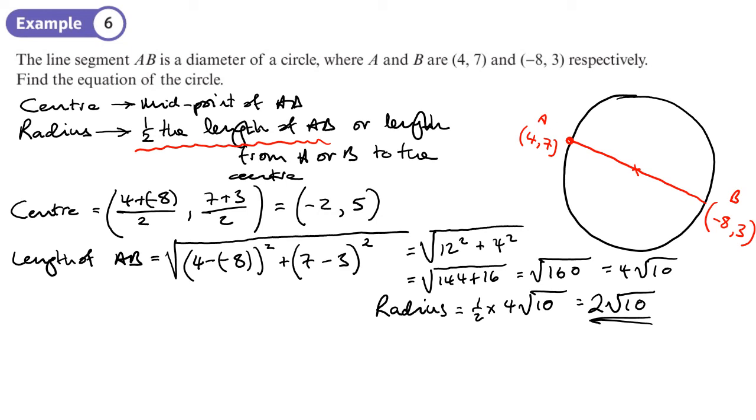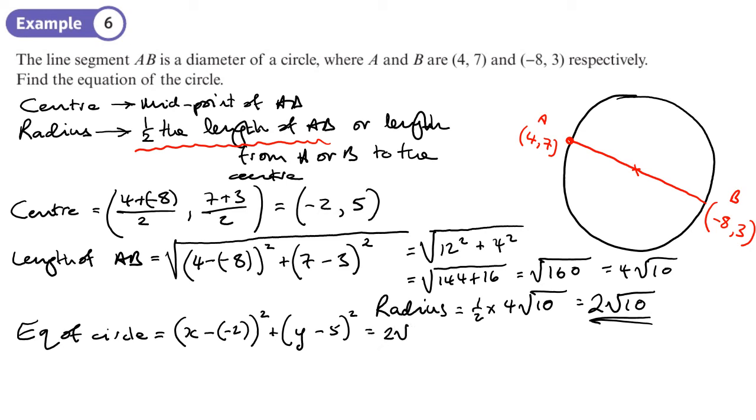Now we have the centre, the equation of the circle. So equation of circle equals x minus -2. Now I'll tidy all of this up in a moment. Squared plus y minus 5 squared equals the radius squared. Now we'll tidy this up.